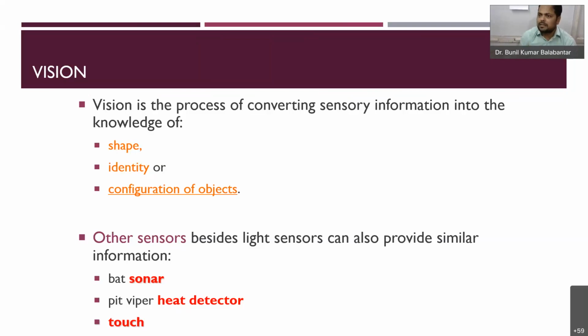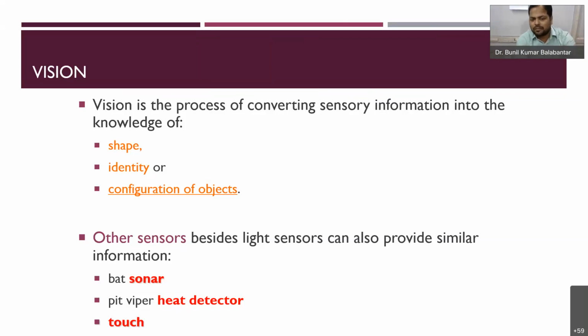That knowledge is going to give you the shape, identity, and different geometrical configuration of the object. So the sensor is sensing the data from the object and giving it to the vision system that this is the shape. It is reading some data and converting it into different shapes. So these are the different transformations you have to do.